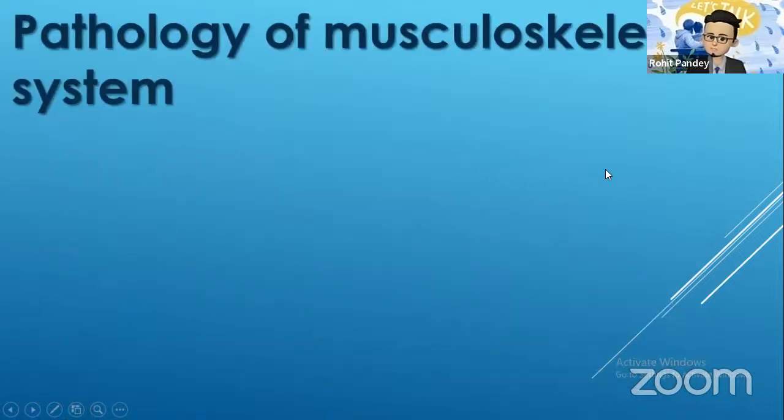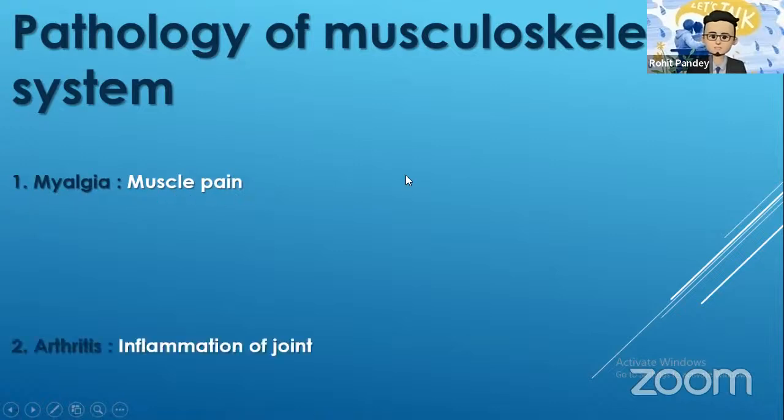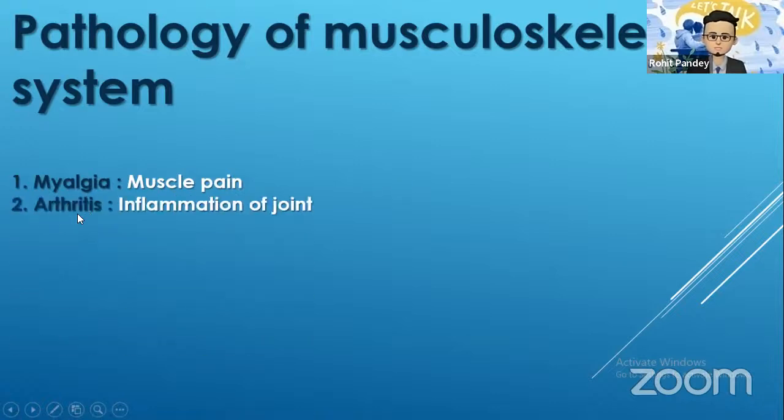Pathology, disease related to the musculoskeletal system. Let's check out myalgia. Myalgia means muscle pain: myo means muscle and algia means pain. Arthritis: arthro means joint, and itis means inflammation.